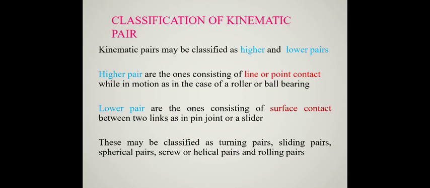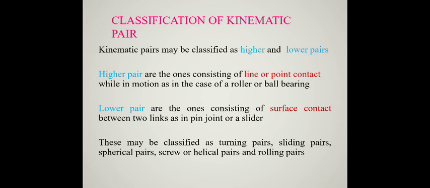Now what is the classification of kinematic pair? Basically there are two types. One is higher pair and the second is lower pair. So what is the higher pair? Higher pairs are ones consisting of line or point contact while in motion, as in the case of roller or ball bearing.